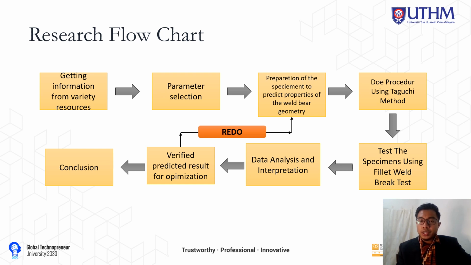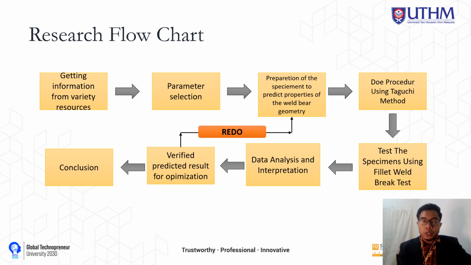For specimen preparation, we are going to use a T-joint. Next is the DOE, the design of experiment procedure. We are going to use the Taguchi method, which means we only have 9 specimens. Next, after doing the experiment on the specimens, we are going to test them using the fillet welding break test.